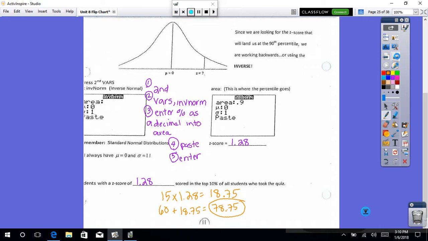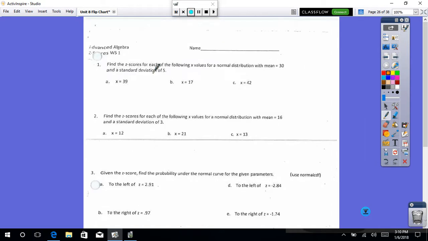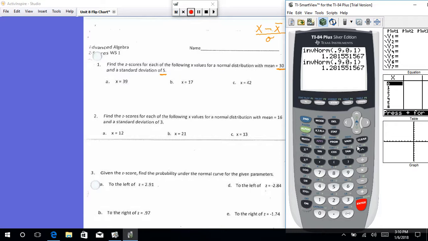Okay, so flip it to the next page. We're just going to do some practice with this. Find the z-scores. Again, I'm going to put that up here: your score minus your average divided by the standard deviation gives you your z-score. Find the z-scores for each of the following with a mean of 30 and a standard deviation of 5.